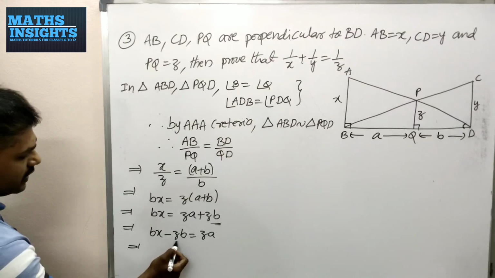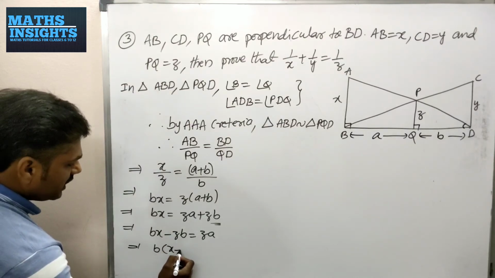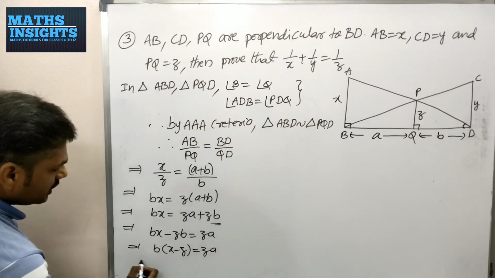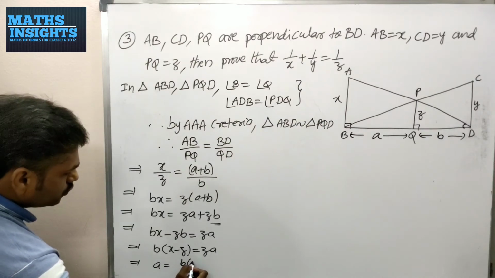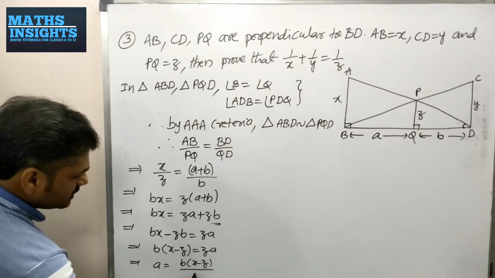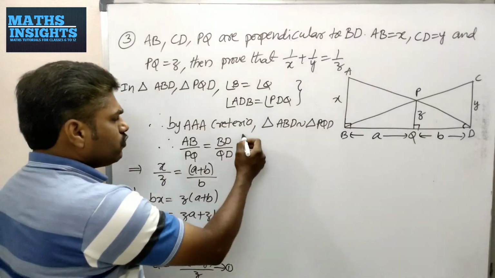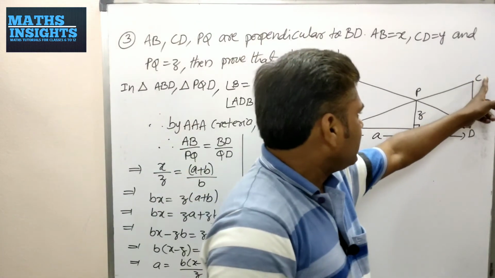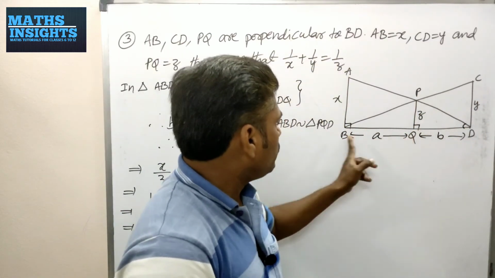Taking B as the common factor, you will have B into X minus Z is equal to Z into A. Otherwise you have the value of A as B into X minus Z by Z. Let it be equation number 1. Now we are going to prove in a similar manner that triangles CDB and PQB are similar.